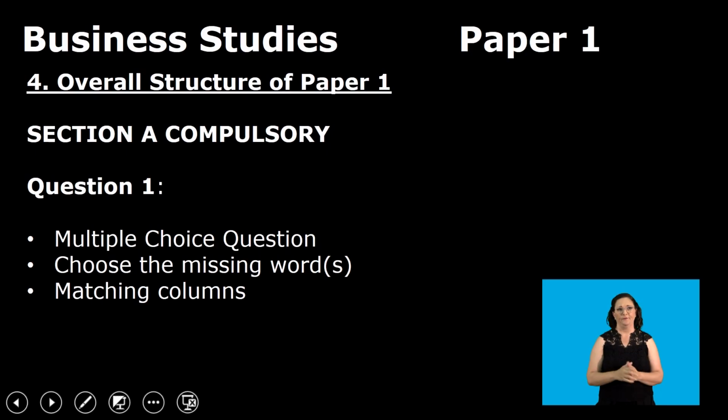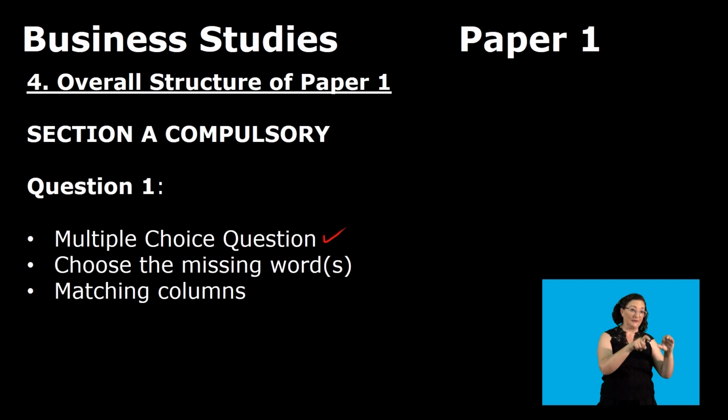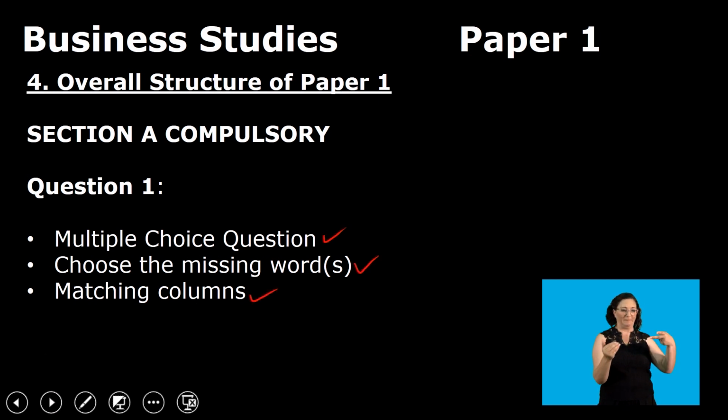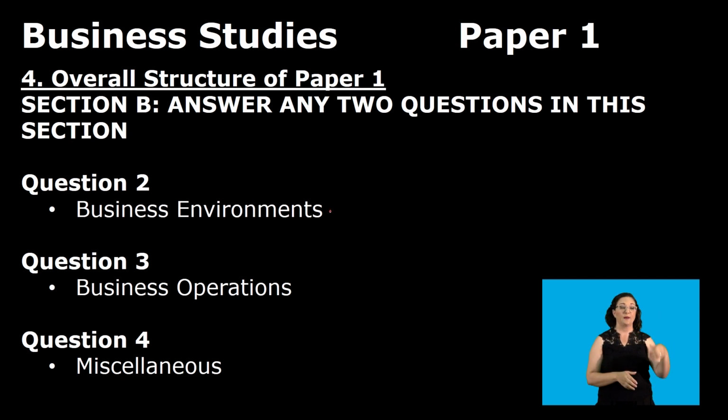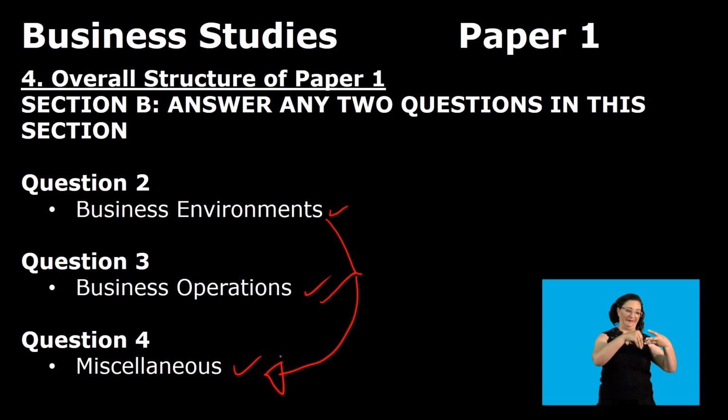All right, as mentioned, Section A is compulsory. There's your multiple choice questions, there's choose the missing words, and then there's the matching columns. I'm going to explain that just now. And then Section B, we did say that there's business environment, business operations, and miscellaneous. Don't forget that miscellaneous consists of these 2 topics, environment and operations.